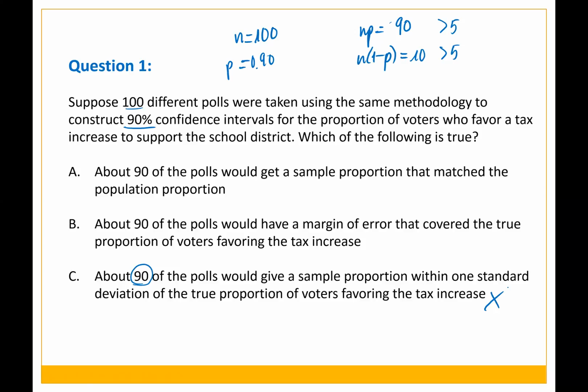Now let's look at A and B. Oh, sorry, I made a mistake here when talking about the normal approximation. In these cases, we would try to see whether the normal approximation applies or not.